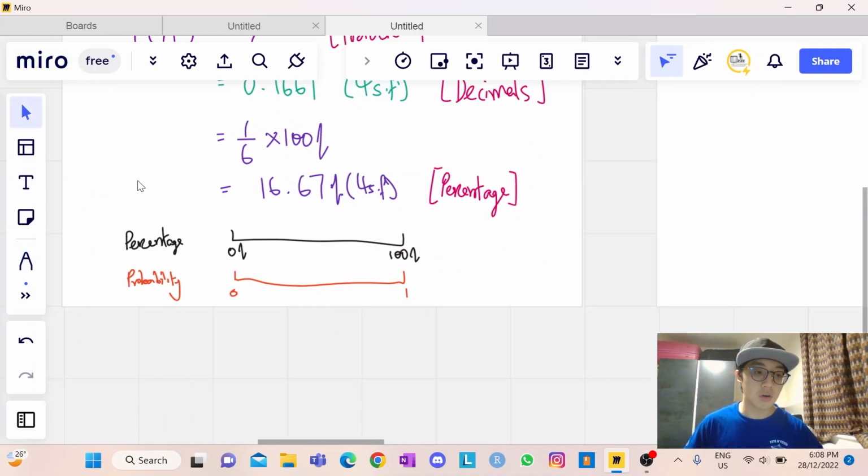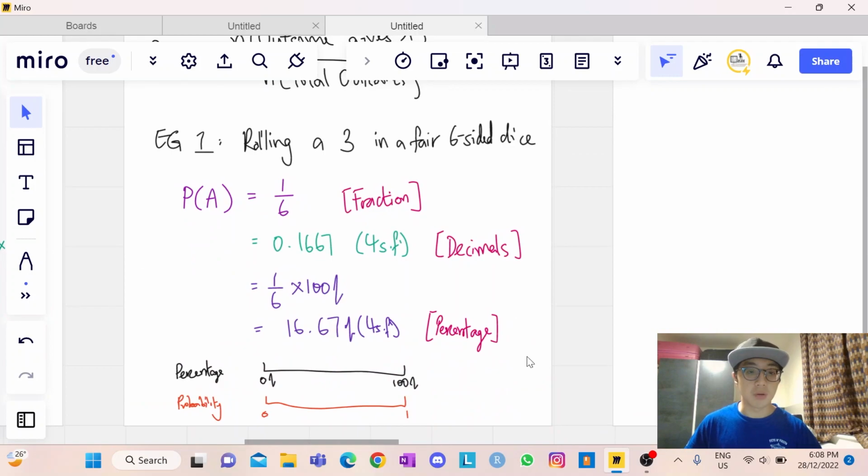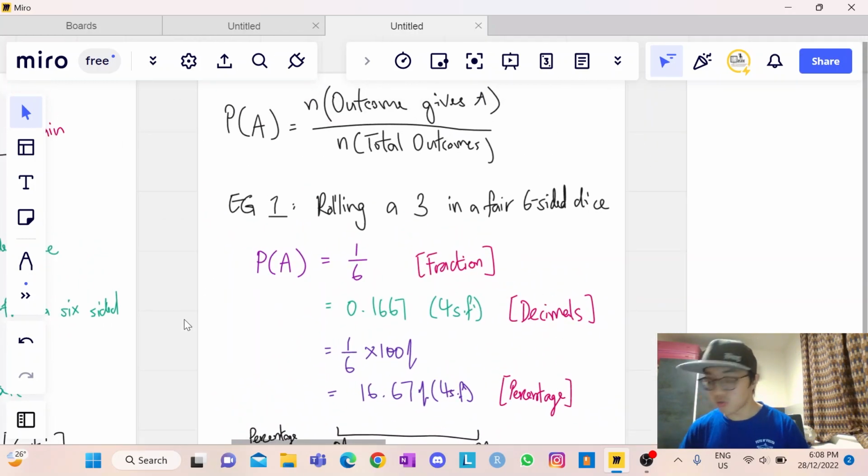All right, so this is all about the ways to write the probability, whether it's a fraction, decimals, or percentage. So there's these 3 ways to write a probability of an event happening.